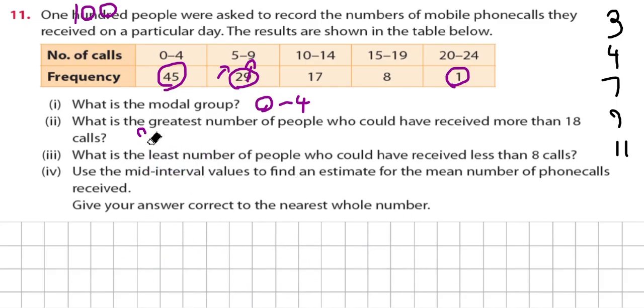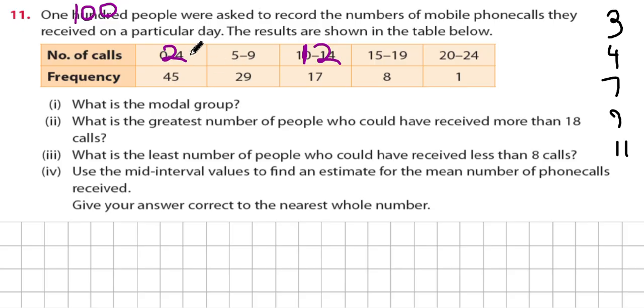Finally, the guts of the question. Here we go. Using mid-interval values. Who remembers what mid-interval values mean again? Add them together, divide by 2. I'll do this one for you. 0 to 4 has an average of 2. 5 and 9 add to 14, and 7 is the middle. The middle of 10 and 14 is 12, and 17 is the middle of 15 and 19.